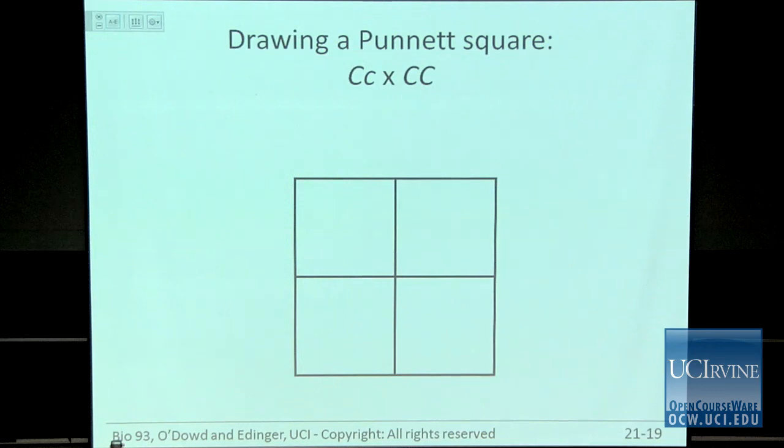So in this case, we're going to do a different kind of mating. We have an individual with a heterozygous genotype and an individual that's homozygous dominant. So the heterozygote here can make 2 kinds of gametes, and will do so with equal frequency. This person has a special name. They're called a carrier.